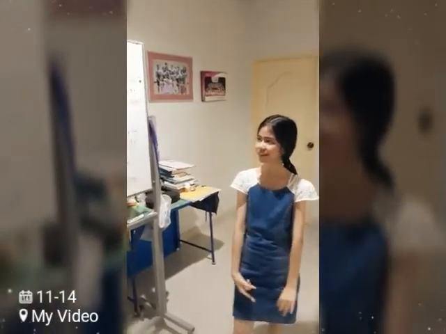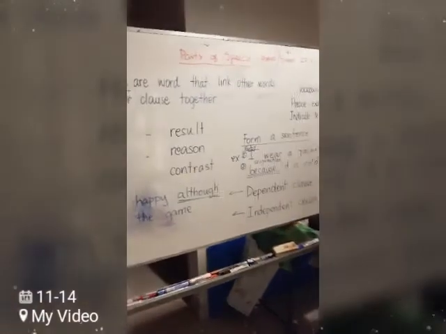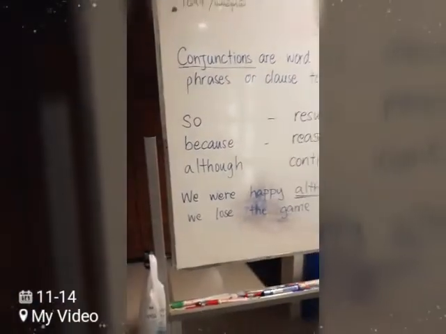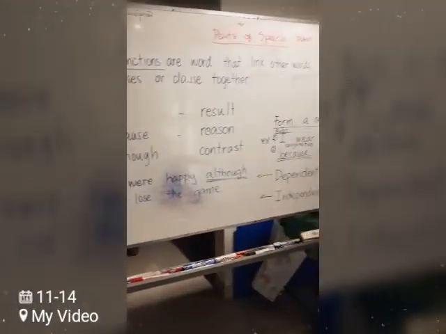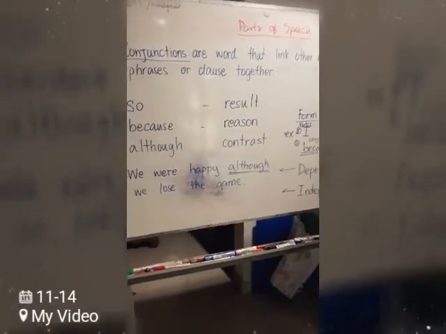Today we're going to talk about conjunction. Conjunctions are words that link other words, phrases, or clauses together. So is a result, because is a reason, although is a constraint.